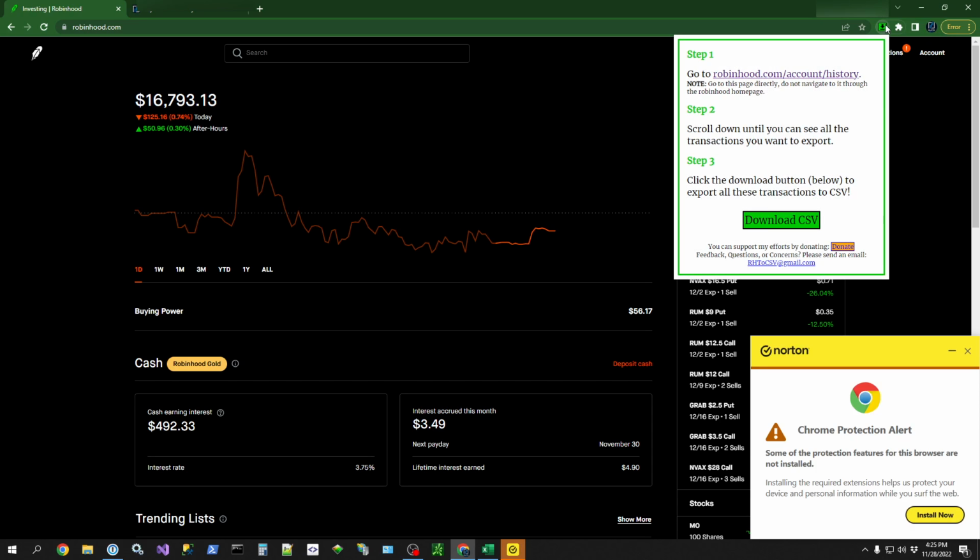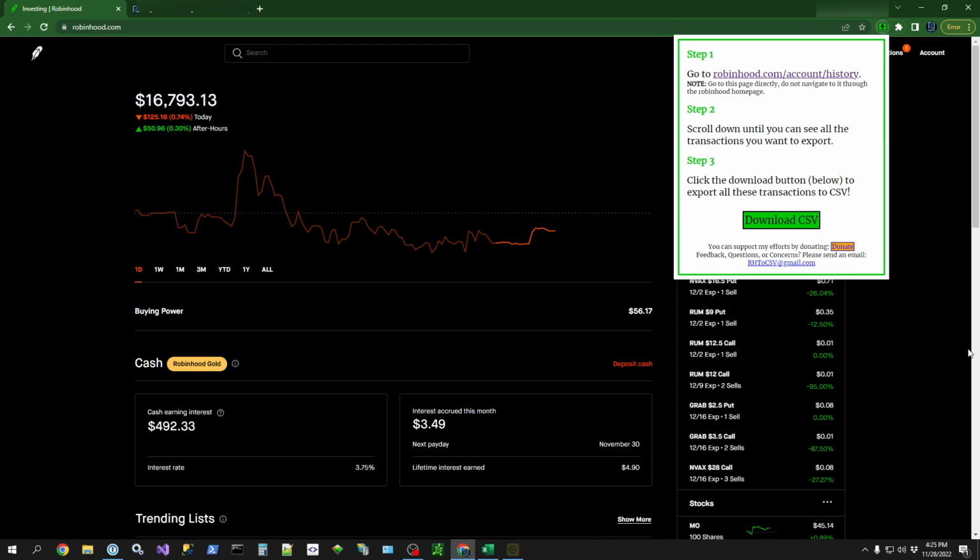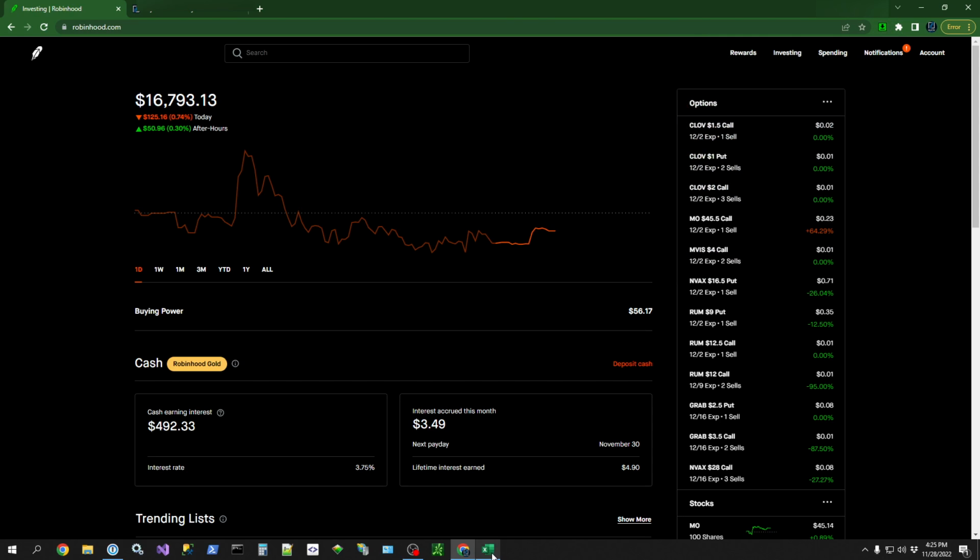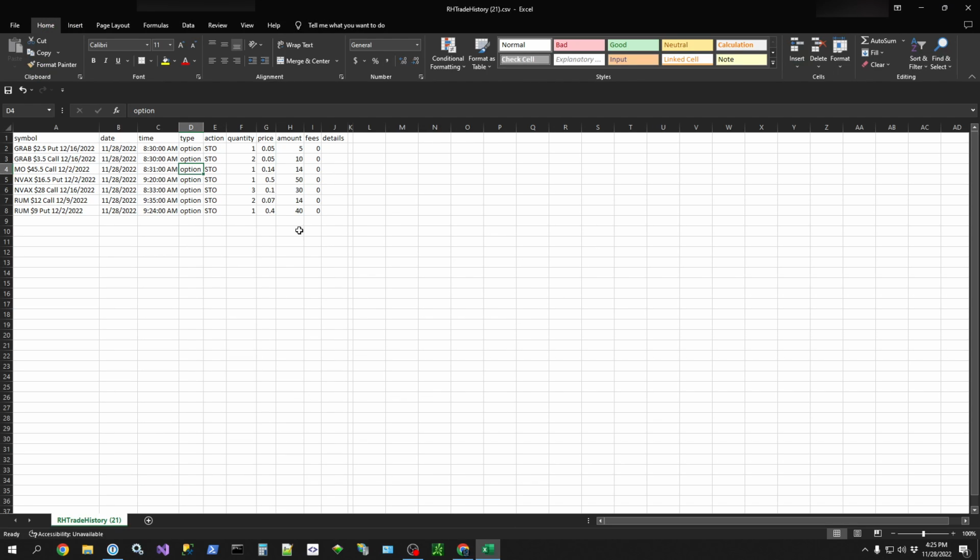You go to your history, get all the transactions in the window you're interested in, then click download CSV, and that downloads all the transactions for you in a nice, easy to use format. As you can see, I've already got it sorted, so it's ready to go.